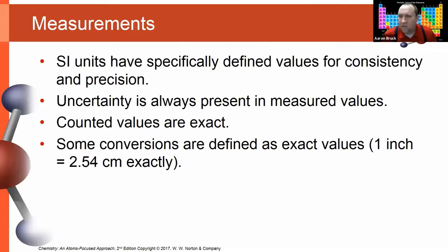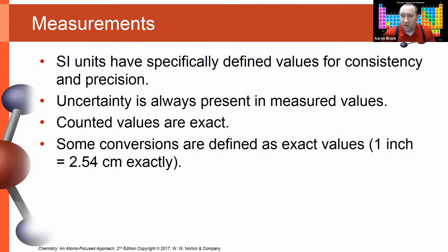The other kind of place where we see exactitude is if I'm converting from one unit system to another. There are occasions where there are some defined values. So for example, 1 inch is equal to 2.54 centimeters. That is an exact conversion. There are 60 seconds in 1 minute. That is an exact conversion.